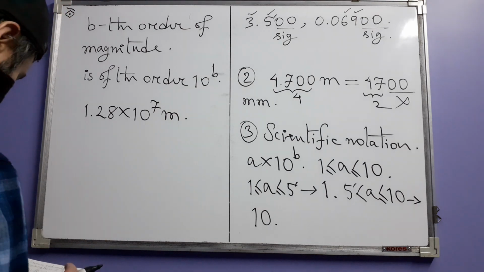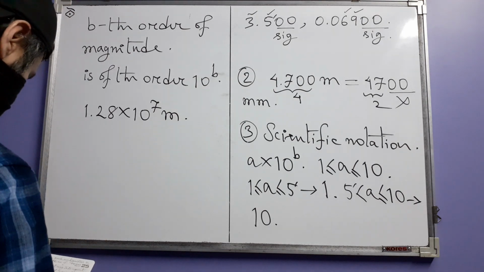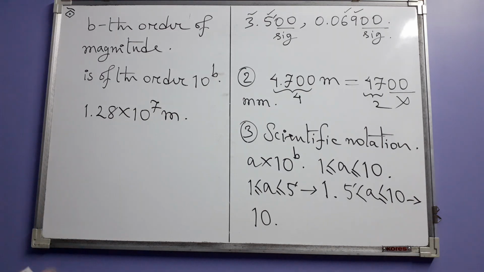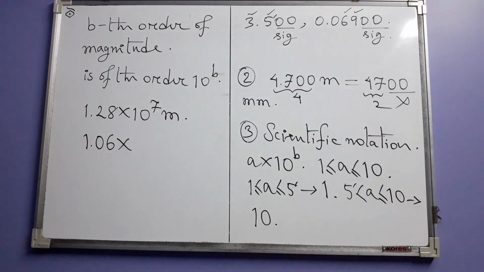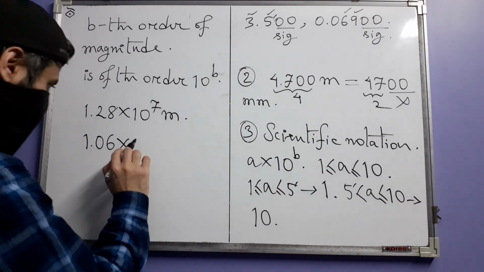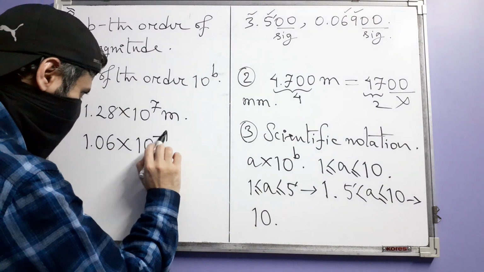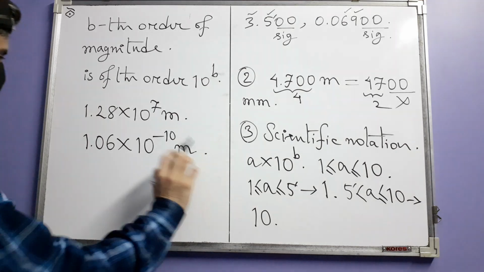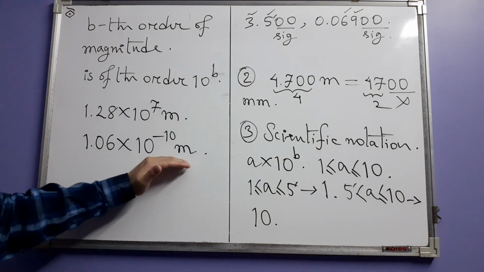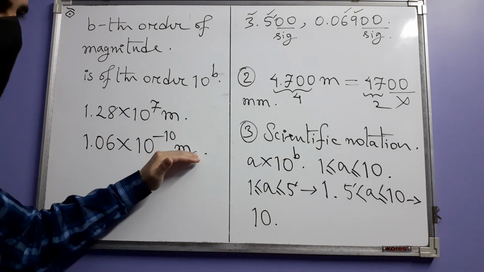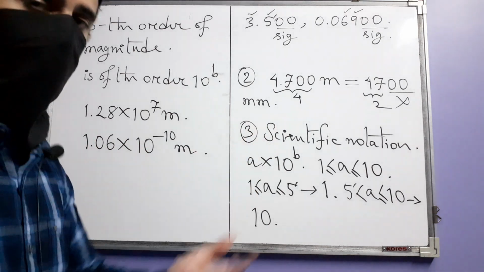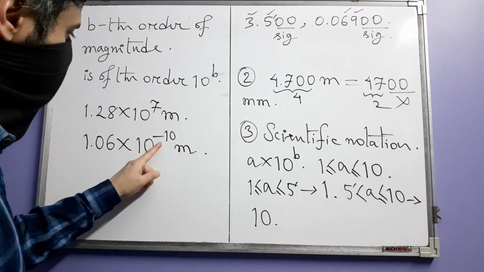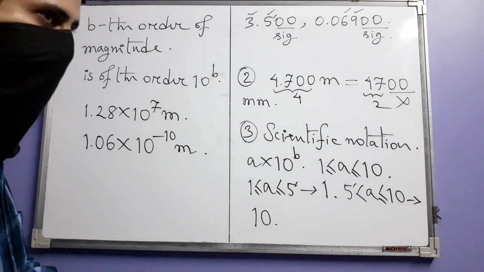As opposed to this, a very small object, say a hydrogen atom, has this diameter: 1.06 times 10 to the power minus 10 meter. So to give a rough estimate of this diameter of a hydrogen atom, we say that it is of the order of 10 to the power minus 10 meter, or that its order of magnitude is minus 10.